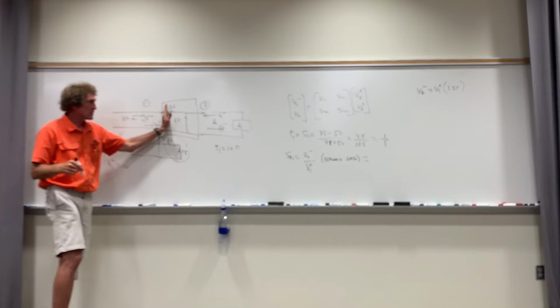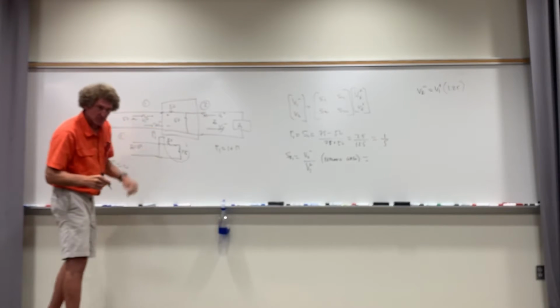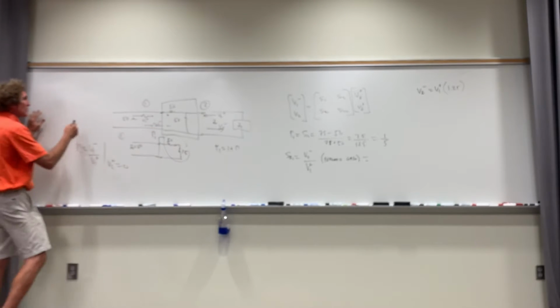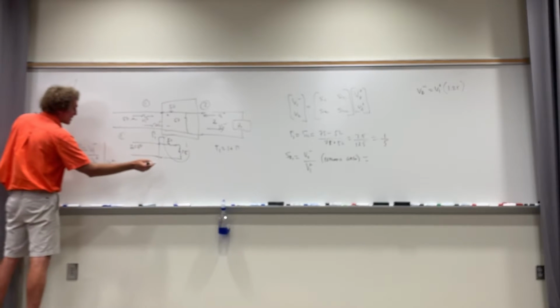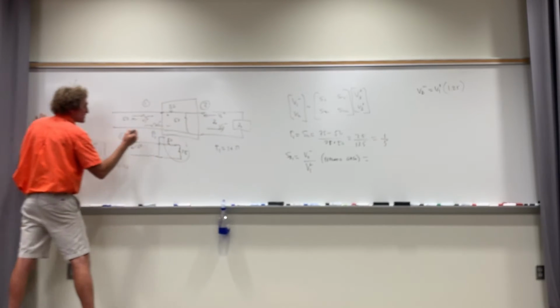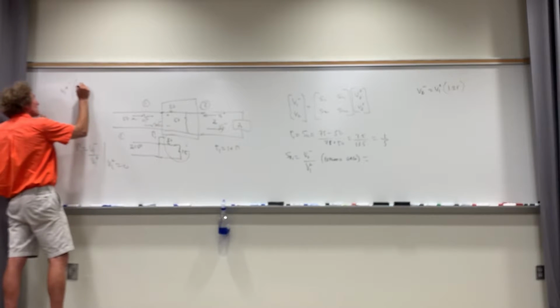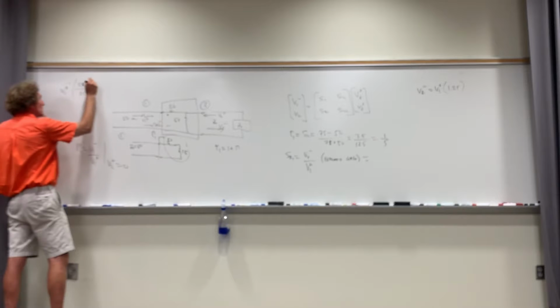Now I have to do voltage division right here. So that voltage, V1 plus prime, is going to be multiplied by 25 over 25 plus 50, or 75, since I have 50 in parallel with 50, which is 25.